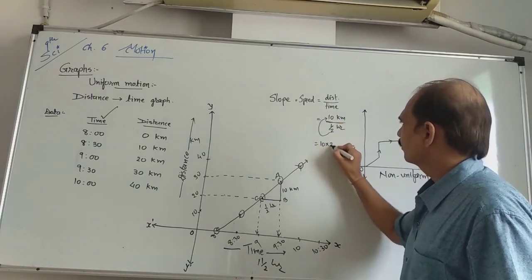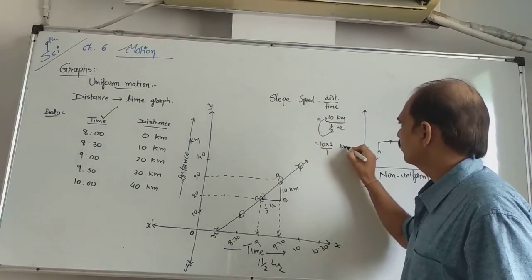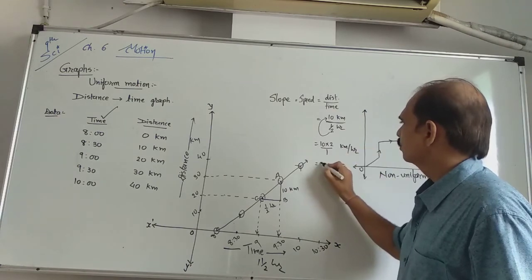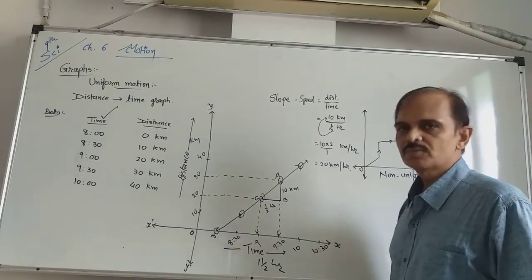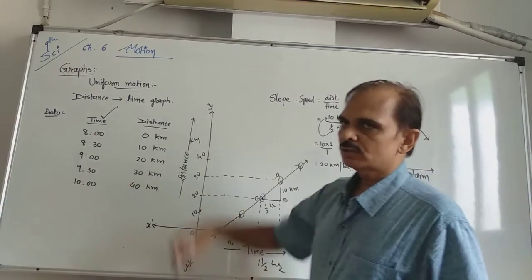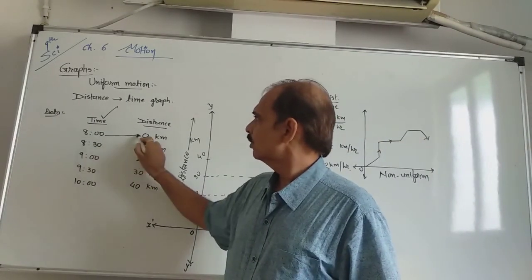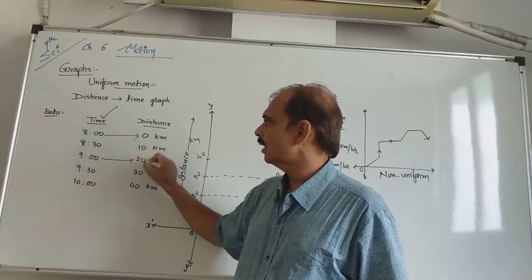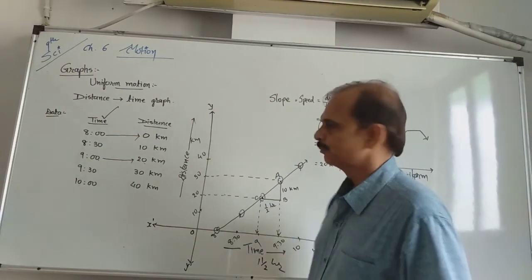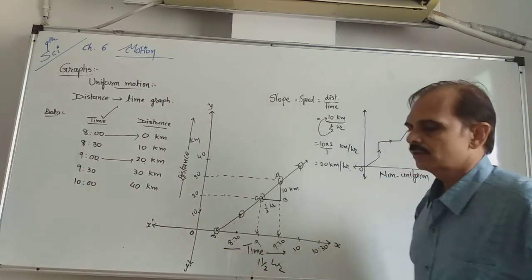So it becomes 20 kilometer per hour, the speed of this object. From the data also you can derive: at 8 o'clock 0 kilometer and at 9 o'clock 20, from 8 to 9 is 1 hour, so 20 minus 0 is 20 kilometer. So 20 kilometer per hour is the speed.